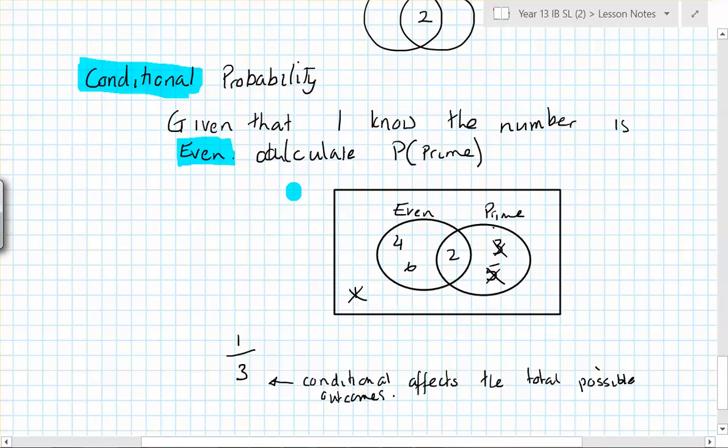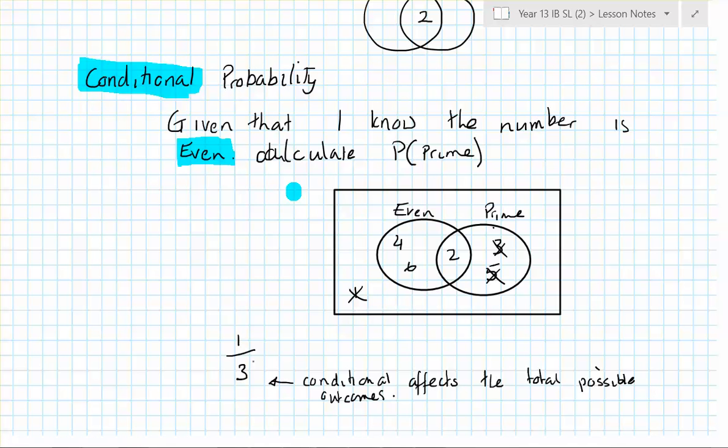I've just, by saying I know the number is even, I have to forget that the odds even exist. That's all. So normally this number would be 6 because there are 6 numbers. But if I limit your options to only the even numbers, well, there are only 3. So it's not that when I roll a die I will only ever get even numbers.